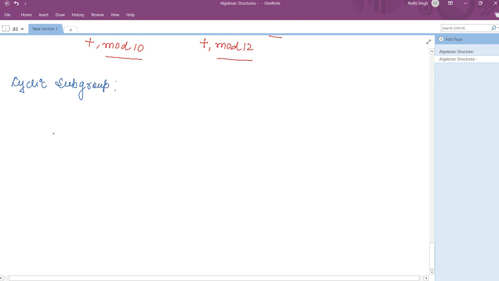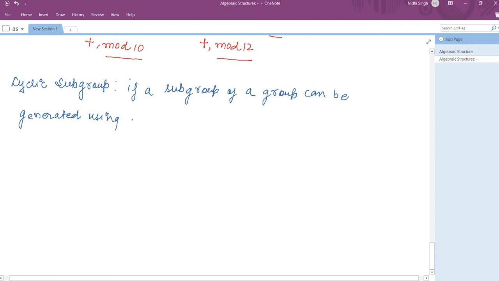So in the cyclic subgroup, if a subgroup of a given group can be generated using power of an element, and the element should belong to the group.